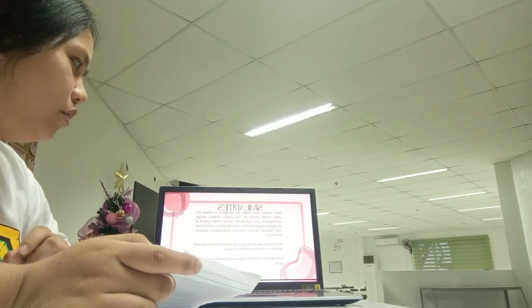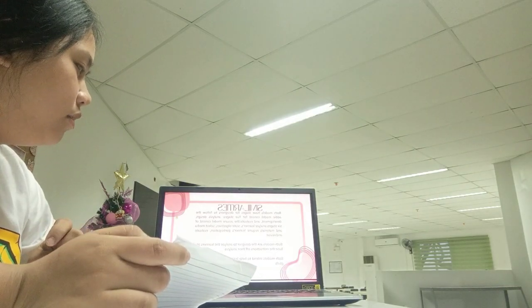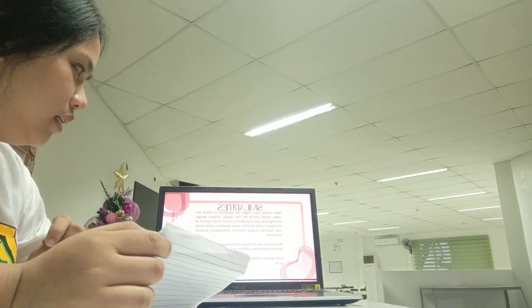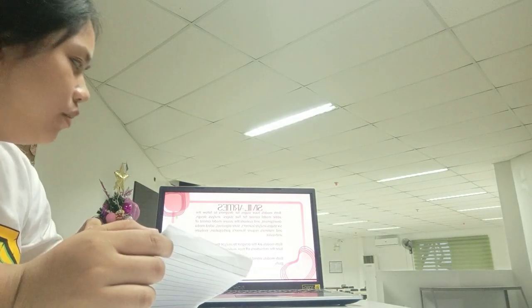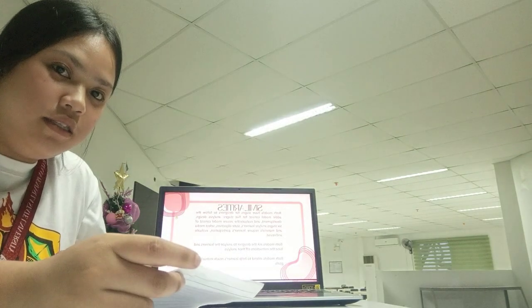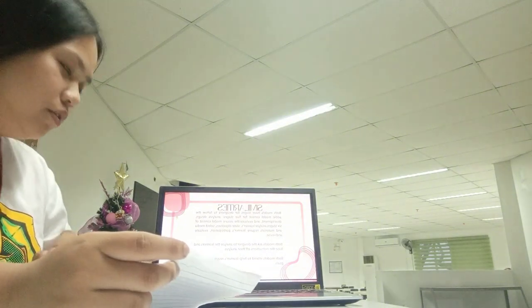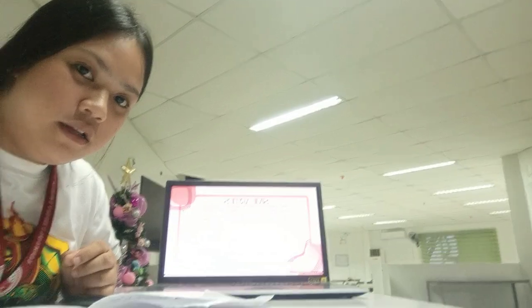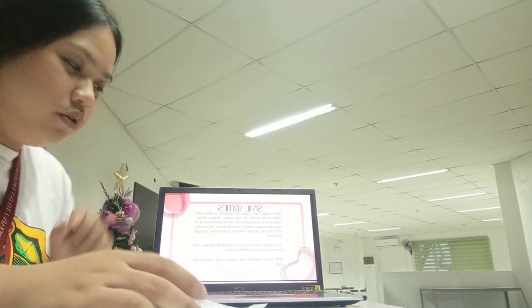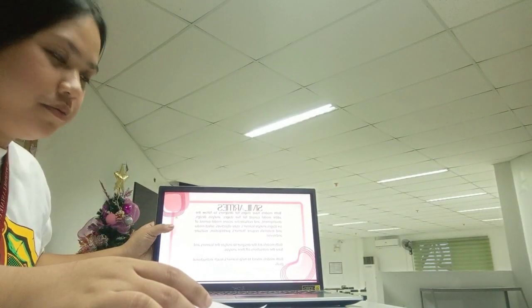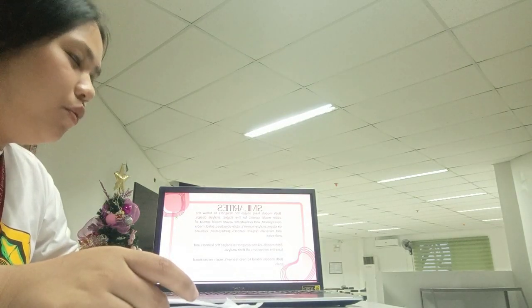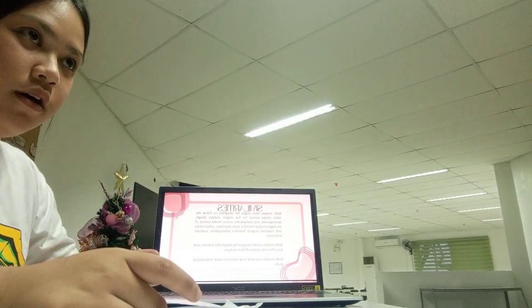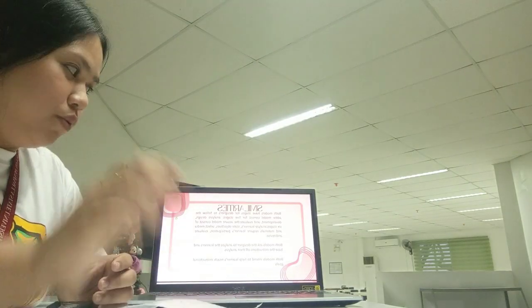The ADDIE model consists of 5 stages: analysis, design, development, implementation, and evaluate. So, yung analysis siya yung nag-analyze ng mga text, ganyan. And then, design naman siya yung nagpapaganda ng like presentation, ganyan. And then, yung development, siya yung kung paano na-develop ng mga estudyante yung tinuturo ng teacher.